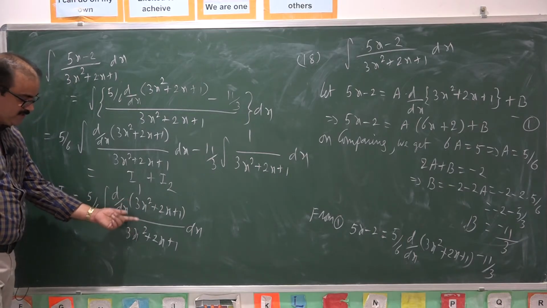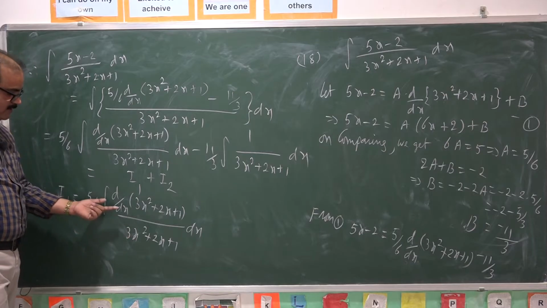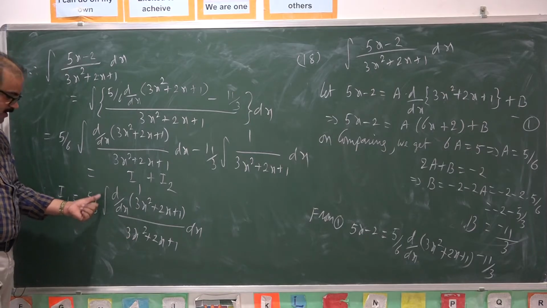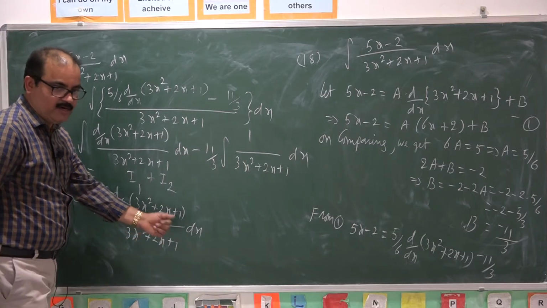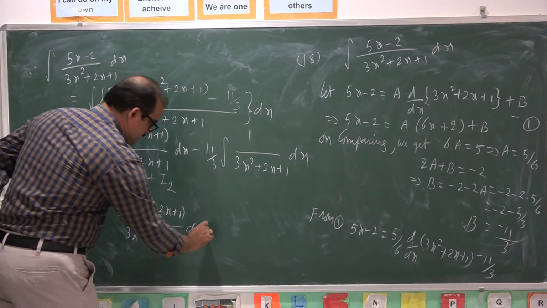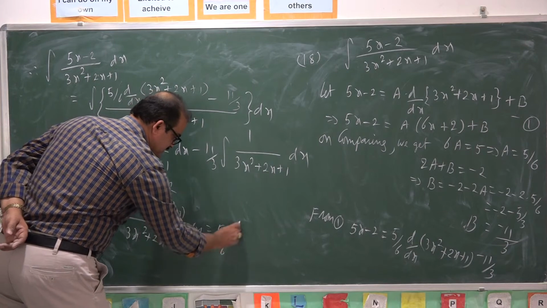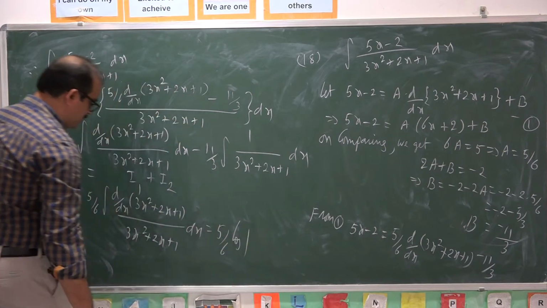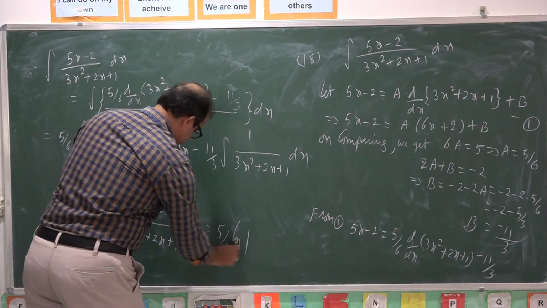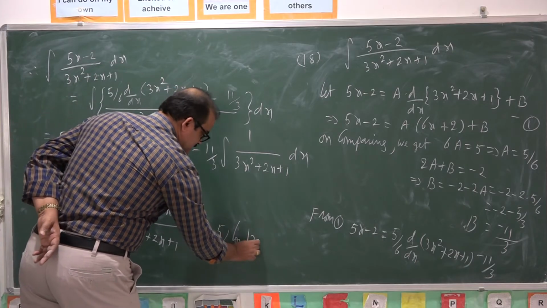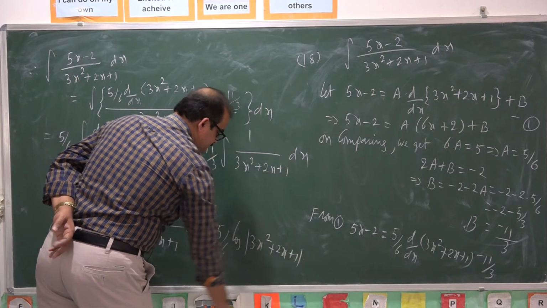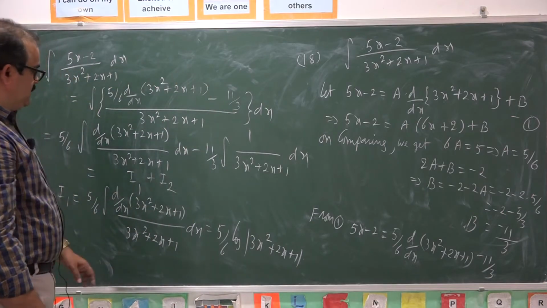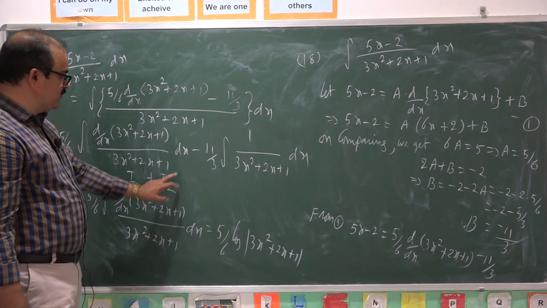If numerator is derivative of denominator, then we apply the formula integral f dash x by f of x, that is log mod f of x. So it is 5 by 6 into log of mod f of x. What is the denominator? 3x square plus 2x plus 1. Next we find the value of I2.